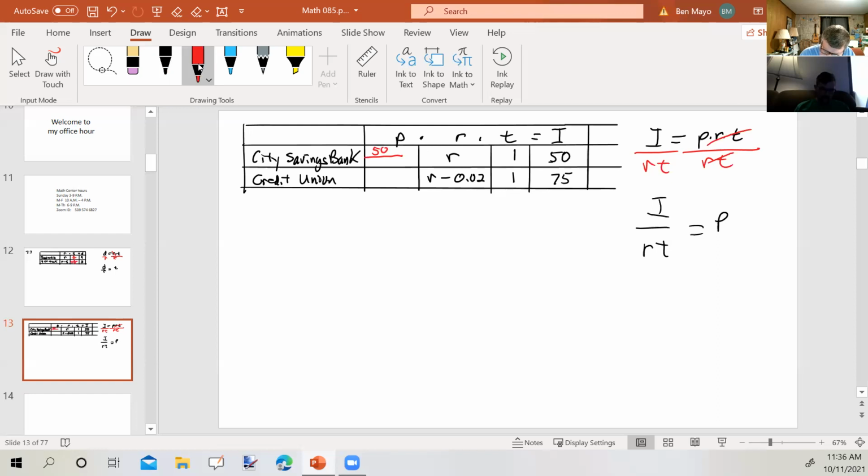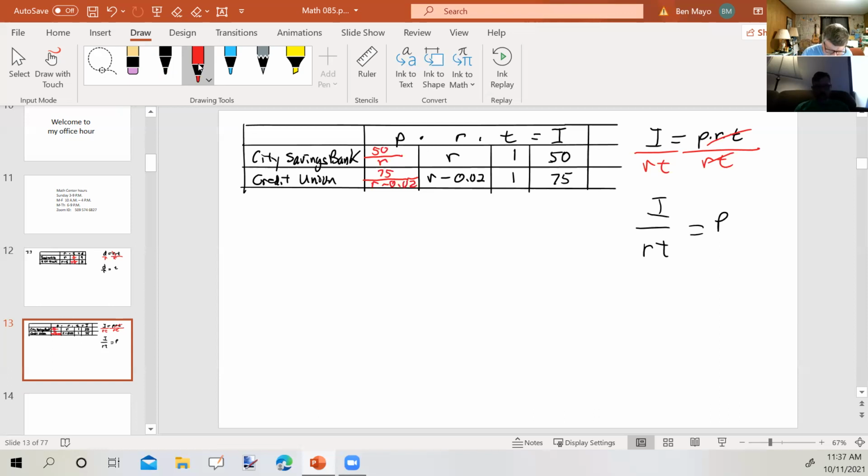T is 1, R times 1 is R, so this would be 50 over R. Then the second box below P would be 75 over R minus 0.02 times 1, or just R minus 0.02. So again, we're writing one of the variables in the formula in terms of everything else in the formula. Any questions about that idea? We'll be doing that later on.